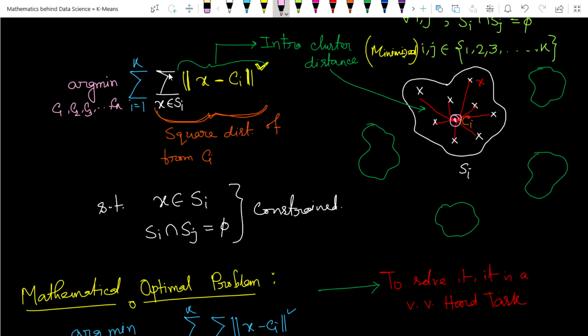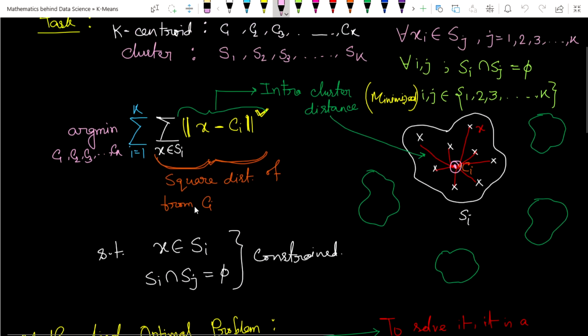Then we are interested in minimizing this summed value over the centroids responsible for minimizing this sum. This is the optimization problem, with the constraint that x belongs to Si, and the intersection of the clusters must be an empty set. That's the thing we have to remember.